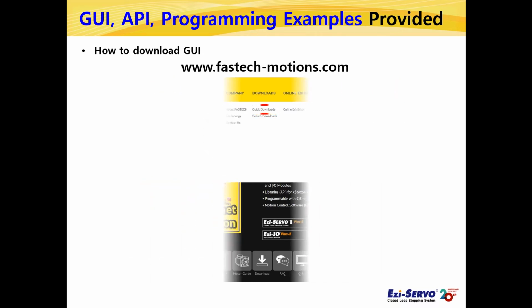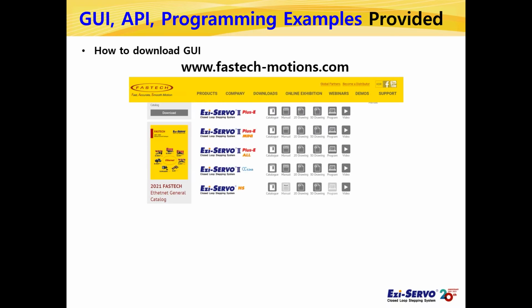Click on the item to display the product list. You can download the GUI software by clicking the Program button of the Ezi-SERVO Plus-E product among the products in the list. You can also download the same software by clicking the Program button for other Ethernet products.